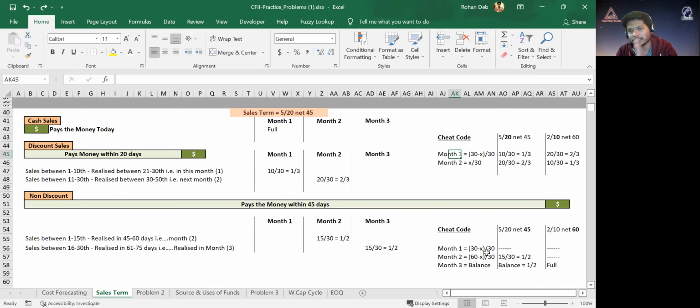I don't think those kinds of variables will be given. Try to use this cheat code in the exam to quickly find the ratios, but I have tried to explain how the entire calculation works. You can also refer to the PPT that's shared, and from there you can get an idea.